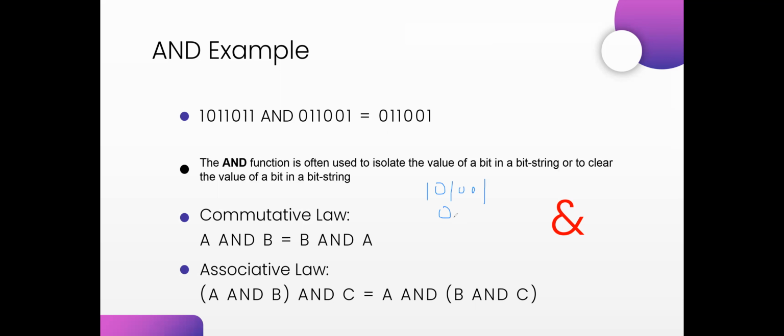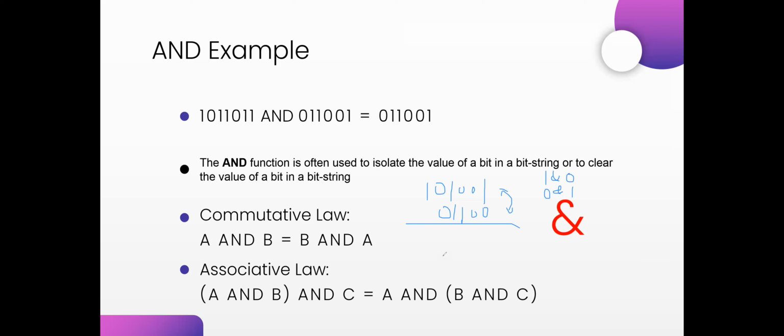If I have 0, 1, 1, 0, 0, you can switch the order, right? Because I'm going to do the AND on every bit. 1 and 0 is the same as 0 and 1. So if I change the order, A and B or B and A, it doesn't matter. So that's why they have the commutative law.